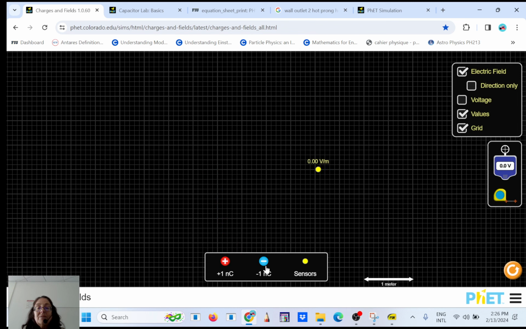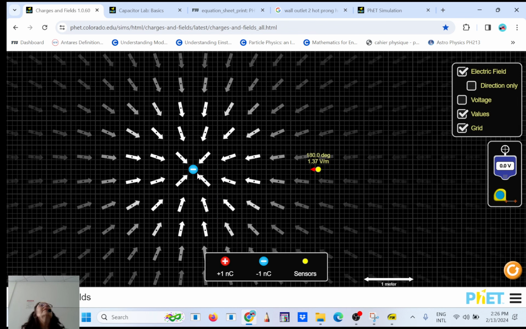Now let's put a negative charge. Now what's happening to the electric field? It's going in. So it's like a vacuum, right? Taking the air in. Now, if you have a positive charge, it's just following the wind. It wants to go with the electric field. So that will be like gravity.